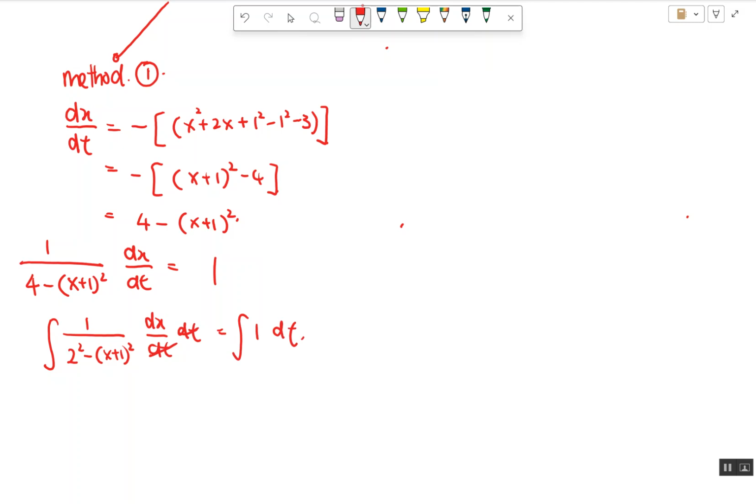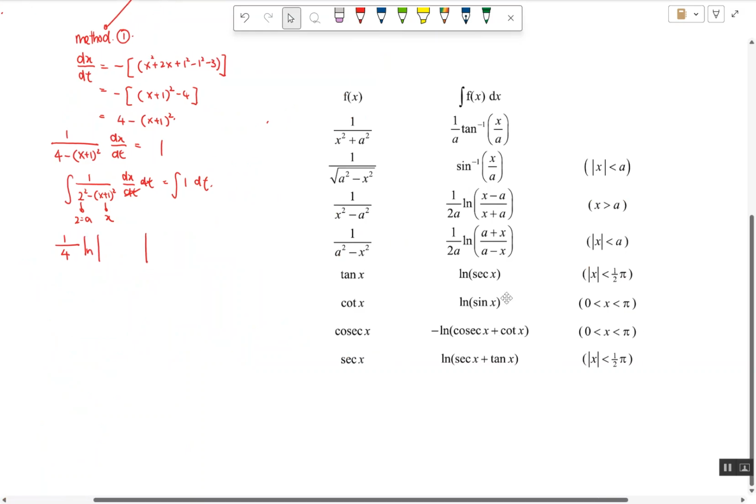This, you have to look at your MF, your MF 27, and this will give you this. My 2 is the a, this is the x. This will be 1 over 2a, so 1 over 4, ln modulus of (a plus x) over (a minus x). Let's check out the MF 27. It says that a squared minus x squared is going to be this.